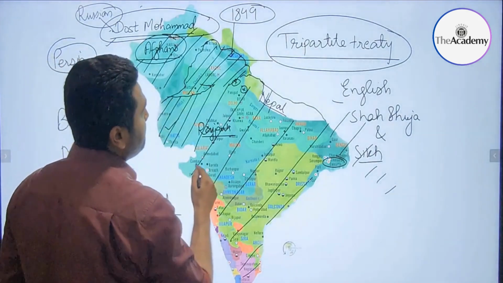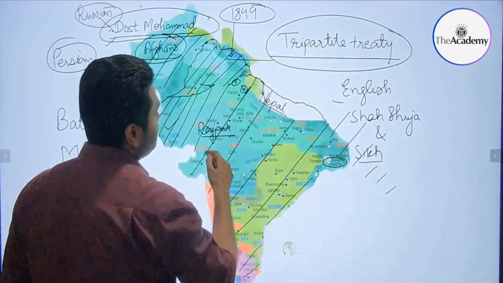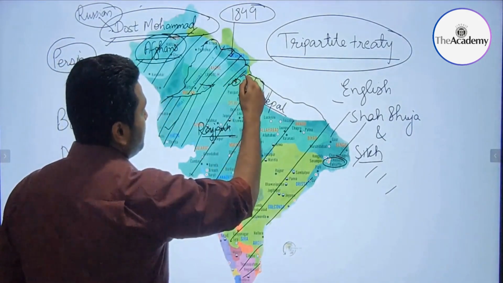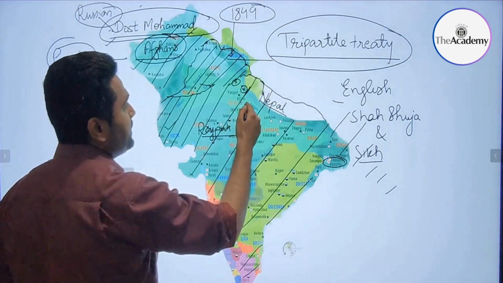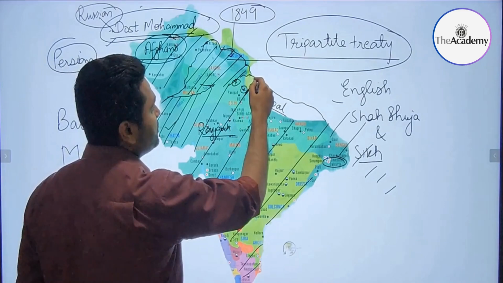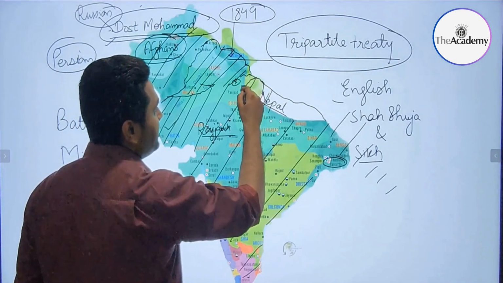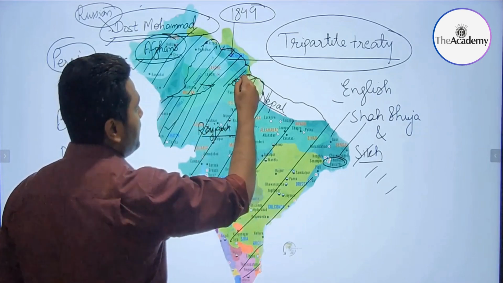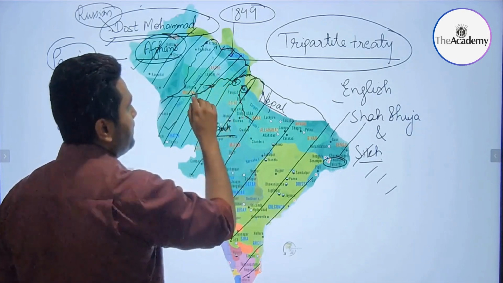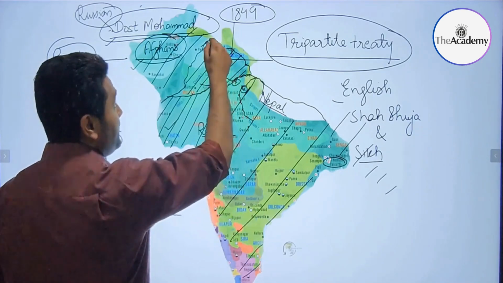So we see that the British were able to extend their frontier. Via the Treaty of Surji Arjan Gaon, they extended their frontier to river Yamuna. Treaty of Amritsar, they extended their frontier up till the Satluj.